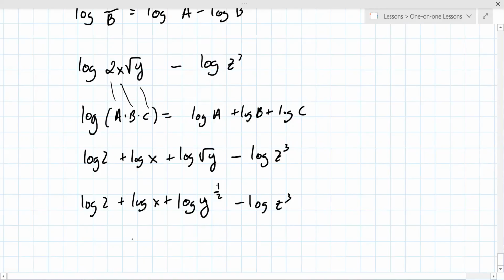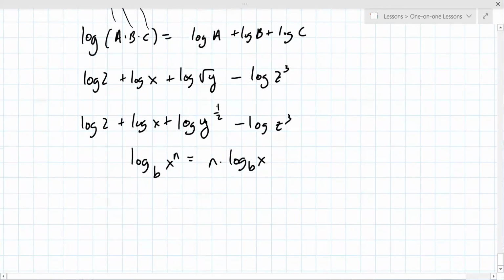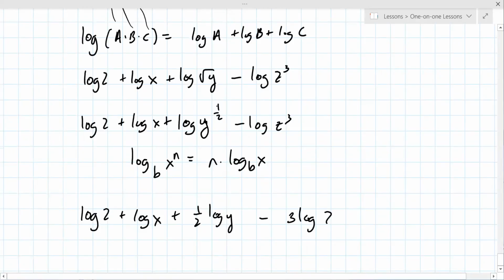So last property, log base b of x to the n equals n times log base b of x. In other words, you take this exponent and move it out in front. So this n is your exponent, it comes out in front. The ones that don't have it, you don't make any changes, but log of y to the 1/2 becomes 1/2 log y minus 3 log z.